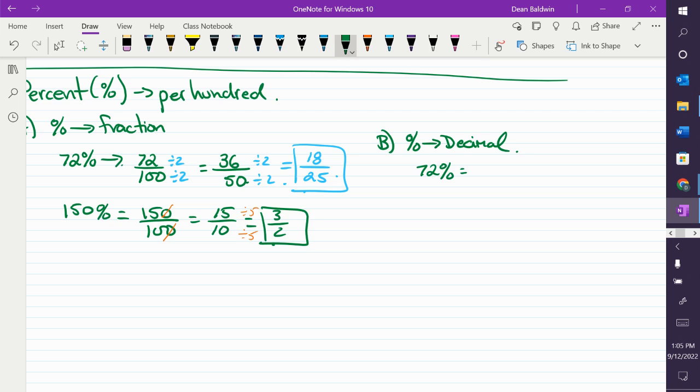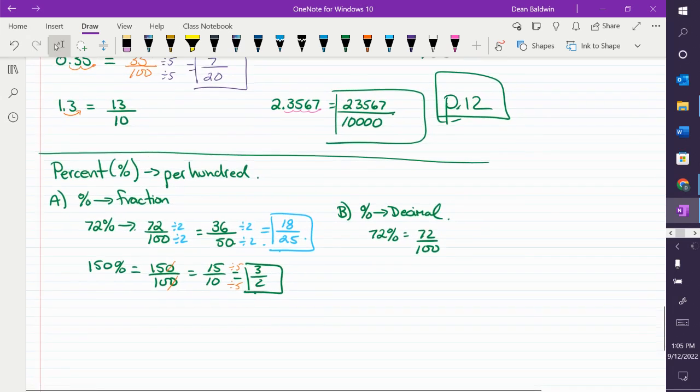There's a couple ways to do this. The long way is, well, 72% is 72 over 100, right? Write it as a fraction. And then you use what we just reviewed up here.